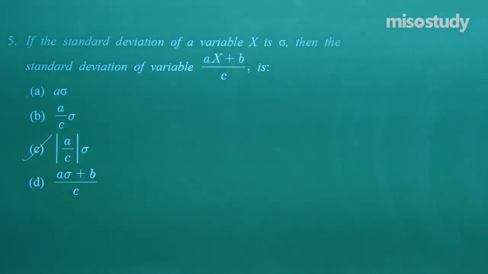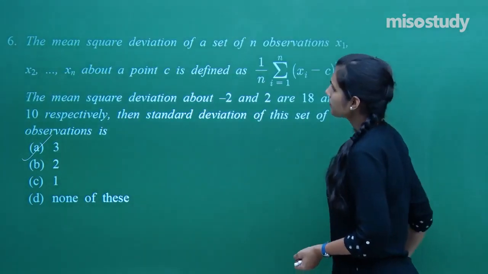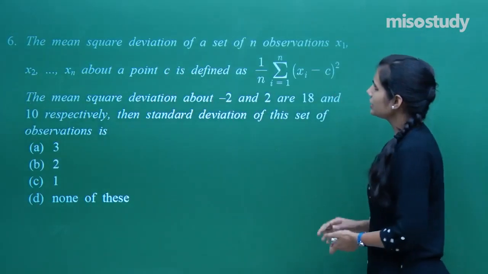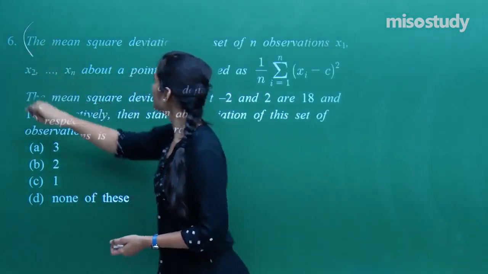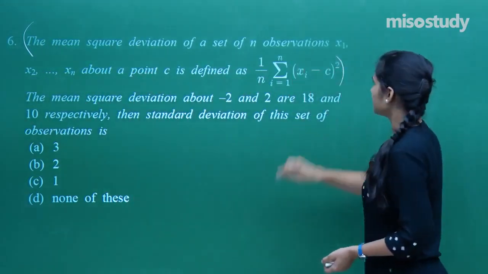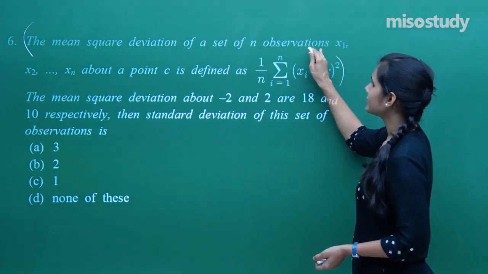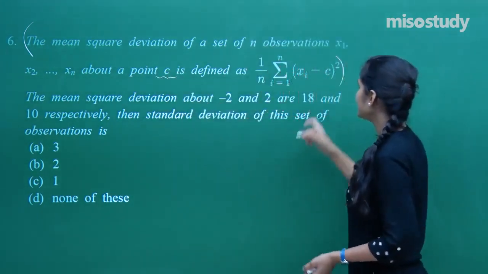Moving ahead, let's see what is the next question. We are given something related to the mean square deviation. What is mean square deviation? It's already giving you the definition starting from here till here. The mean square deviation of a set of n observations x1, x2 up till xn about a point C is defined as this.